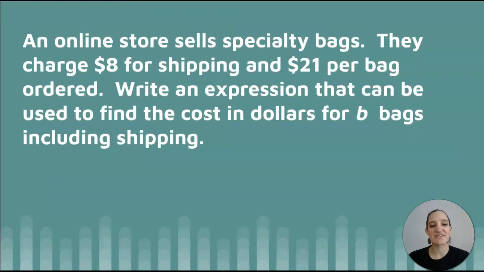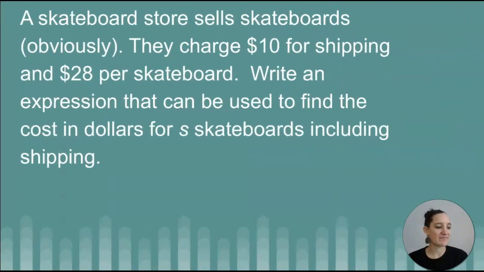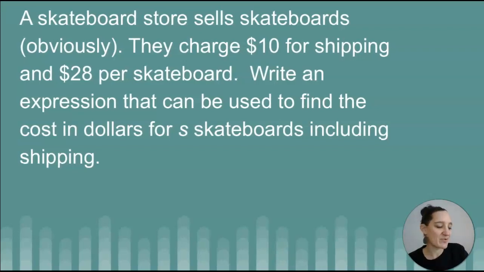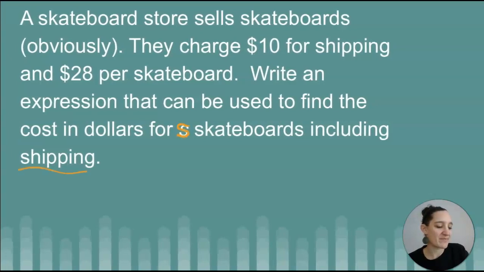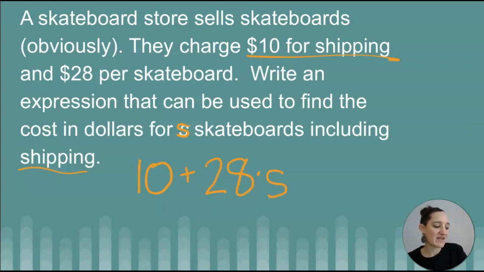An online store sells specialty bags. We did that one. A skateboard store sells skateboards, obviously. They charge $10 for shipping and $28 per skateboard. Write an expression that can be used to find the cost in dollars for S skateboards. Let's include that shipping as well. So $10 for shipping, not $10 per bag, just straight up $10. That's our constant. And what else are we going to pay? It's $28 per skateboard.